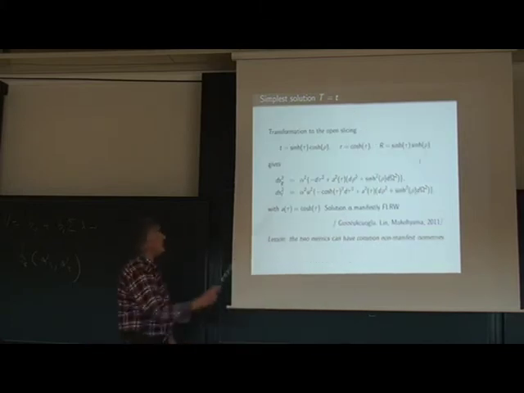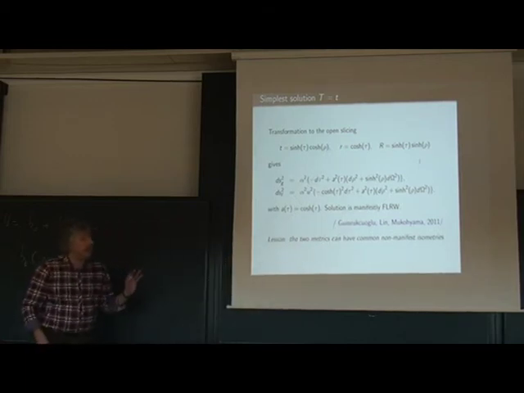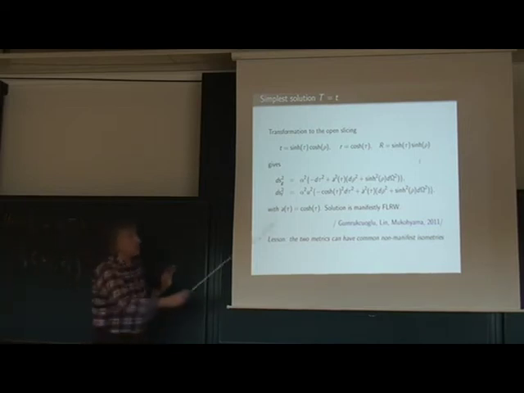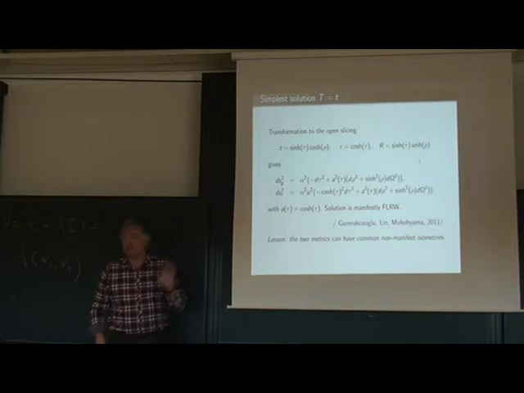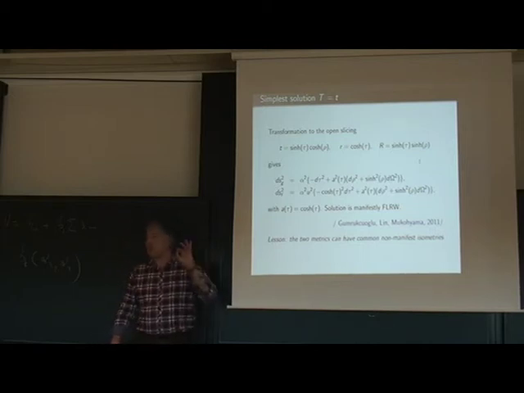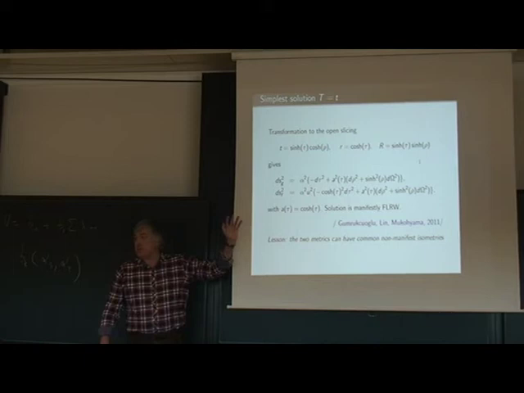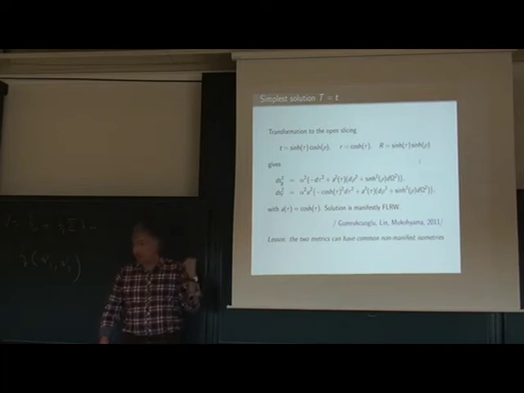The transformation is given by these functions, and then we discover exactly the famous solution obtained by the group of Shinji Mukohyama, which is manifestly homogeneous and isotropic. Manifestly. Which means it has translational and rotational isometries, so altogether 6, and which is considered as the only homogeneous and isotropic solution in massive gravity. But attention, this is exactly the same solution as before, right?